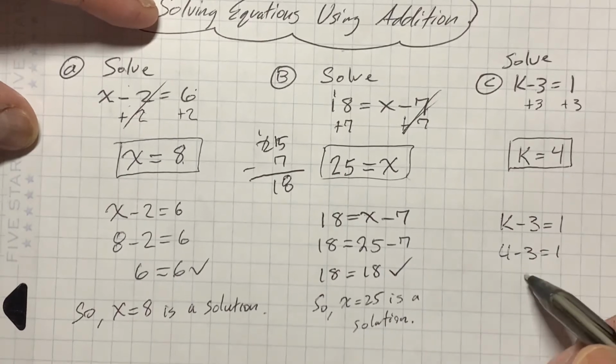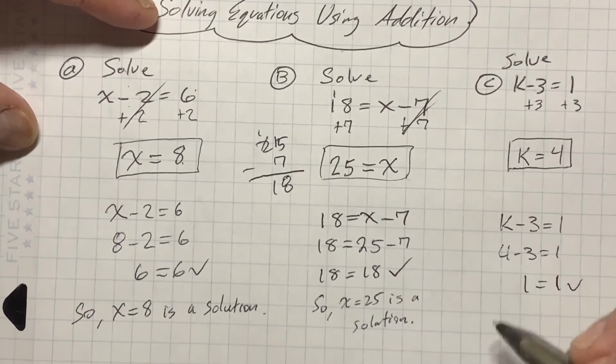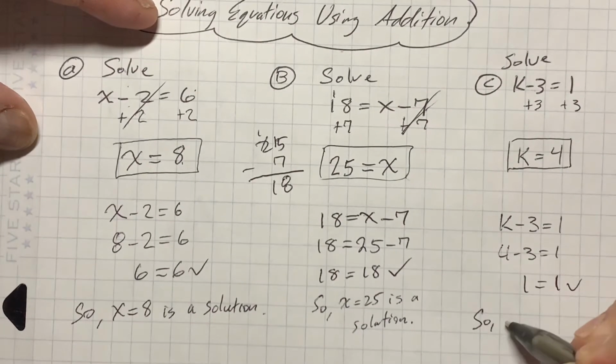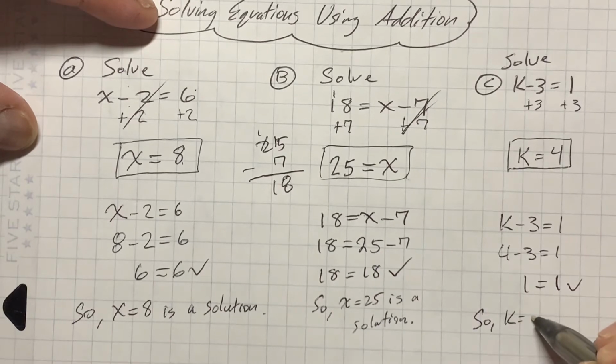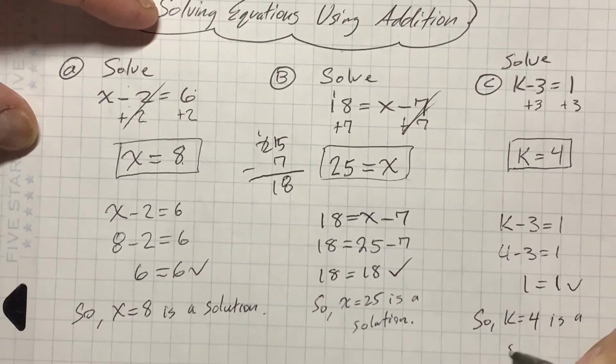So 4 take away 3 is 1, and 1 is equivalent to 1. So that checks, that makes it true. So when k equals 4, that is a solution to the equation.